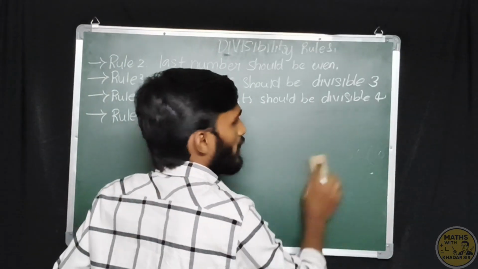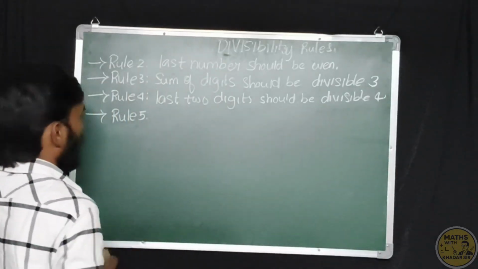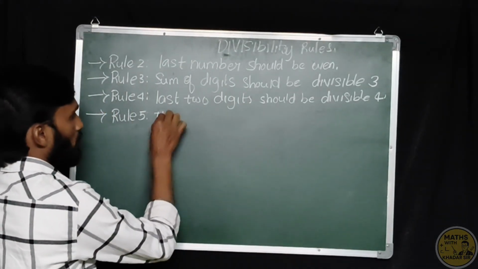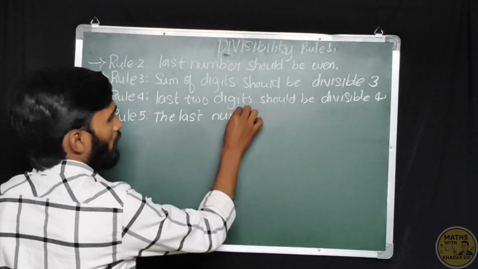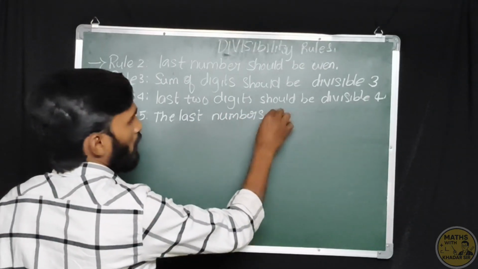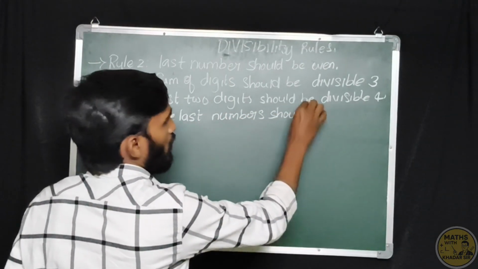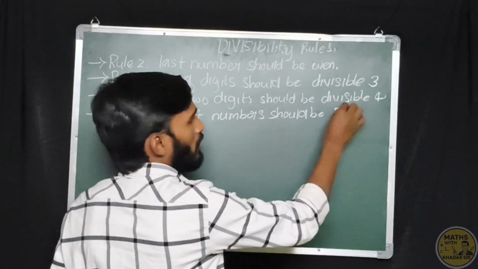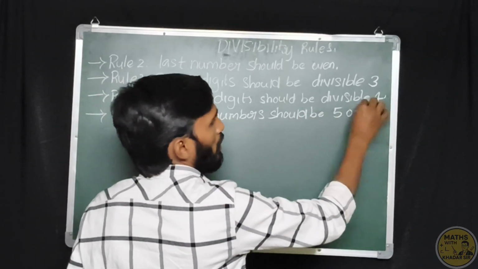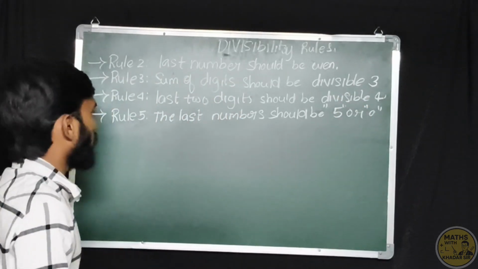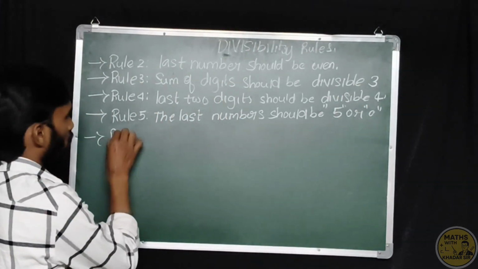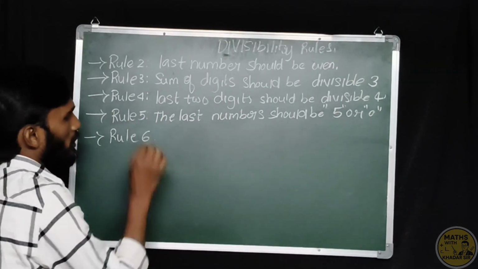Now next, what is the divisibility rule of 6? First, the last digit should be 5 or 0 for rule 5. Now come to rule 6.